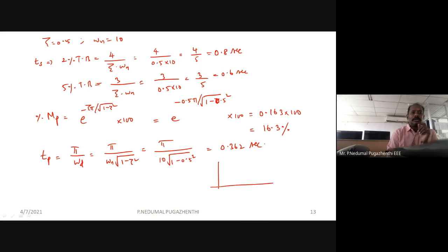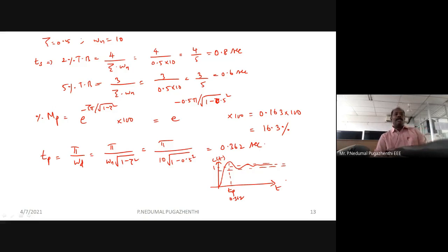If this is your response, let us say, and it is 2% or 5%, your settling time depends upon that, and the peak time Tp is equal to 0.362, for a unit step. This is your C of t, and this is your t.